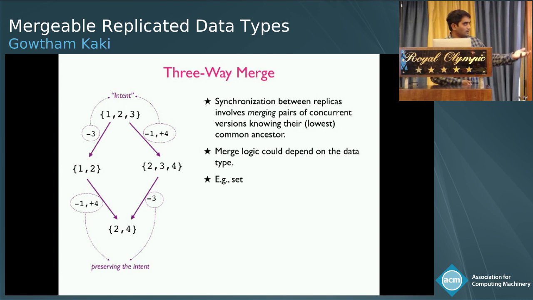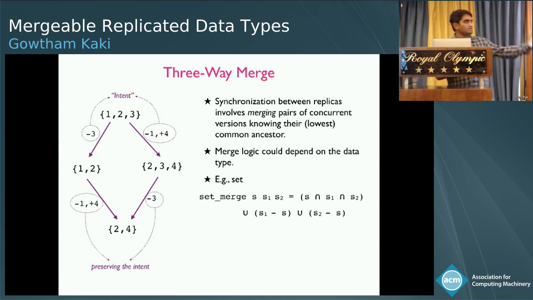If you formalize it, you get the set merge function, which is quite simple. It includes the common elements of all the 3 sets. That means it doesn't have elements that are removed on either side, and it does include the elements that are newly added on the other side. So this is very simple, a straightforward way to merge 3 sets.